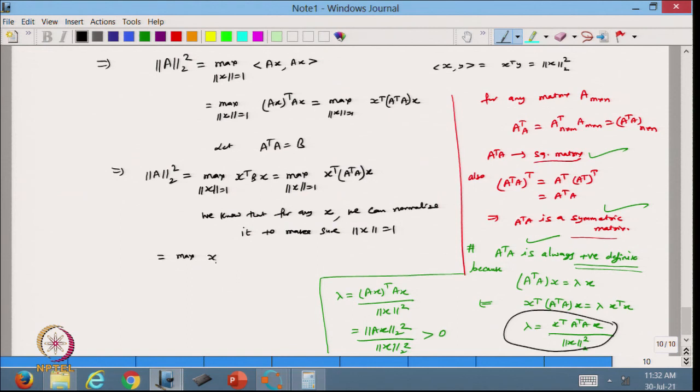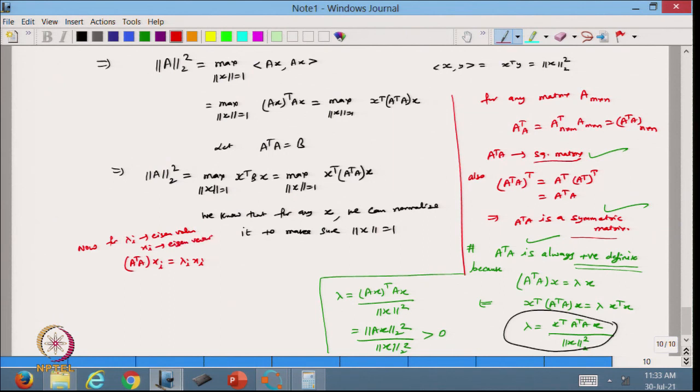I can define this as the maximum over all xi. For any eigenvector, A transpose A xi can be written as lambda i xi, where lambda i is the eigenvalue and xi is the eigenvector.